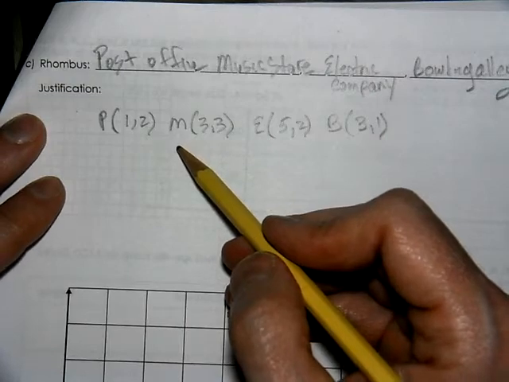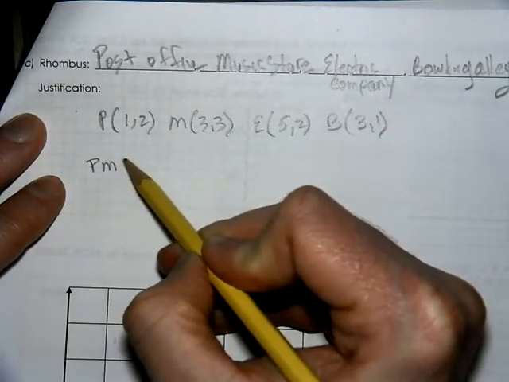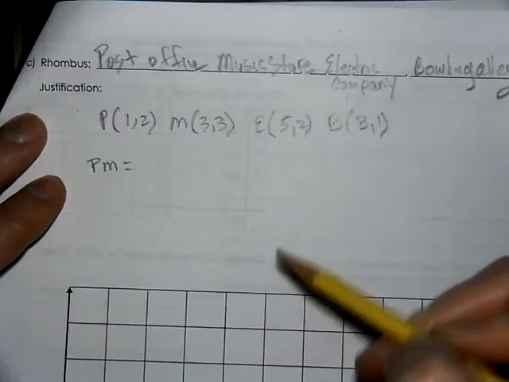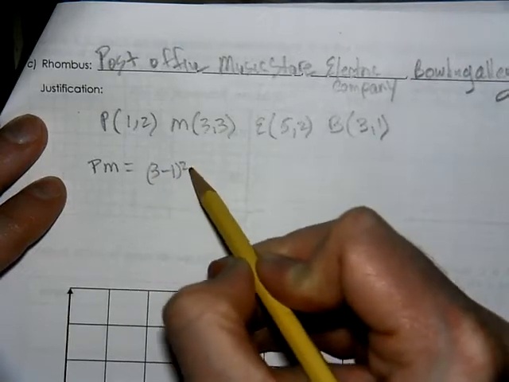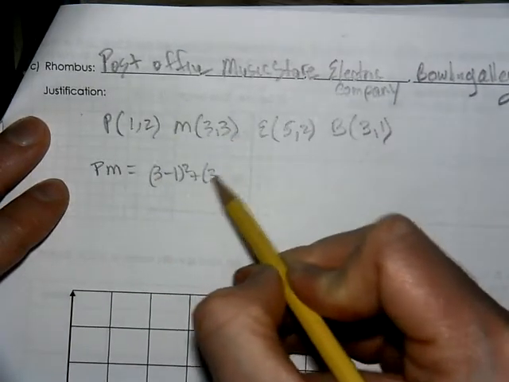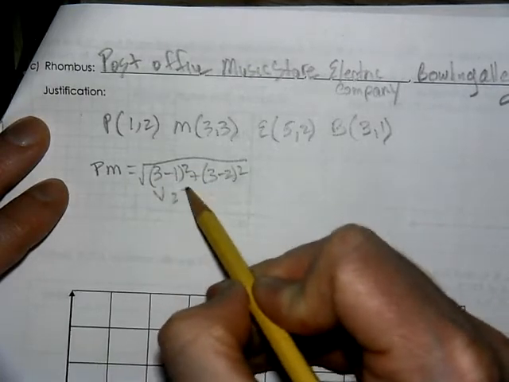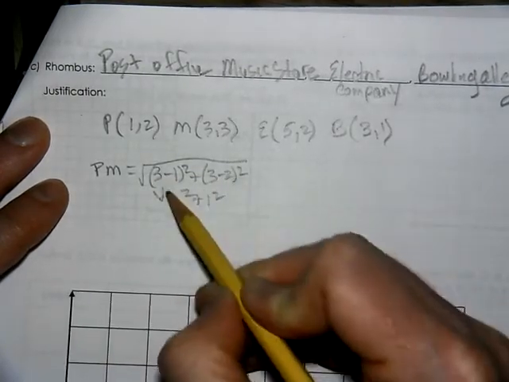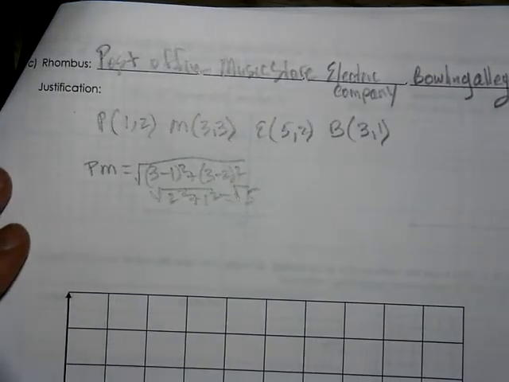We can look at the distance of the post office and the music store, which would be 3 minus 1 and 3 minus 2. That gives us 2 squared and 1 squared, which gives us a square root of 5.